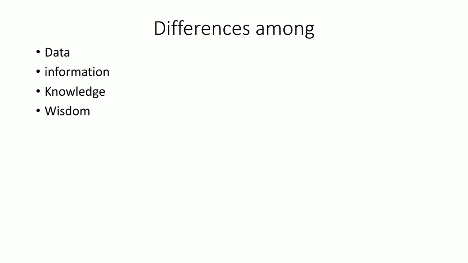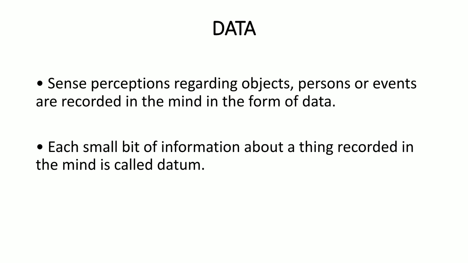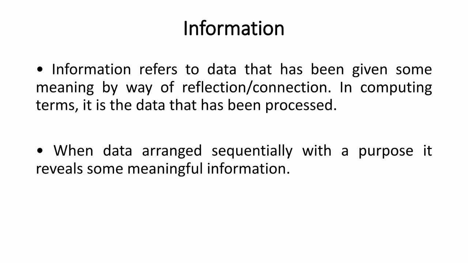What are the differences among data, information, knowledge, and wisdom? We'll see this terminology and their differences. First, data. Sense perceptions regarding objects, persons, or events are recorded in the mind in the form of data. Each small bit of information about a thing recorded in the mind is called a datum. Information refers to data that has been given some meaning by way of reflection or connections.